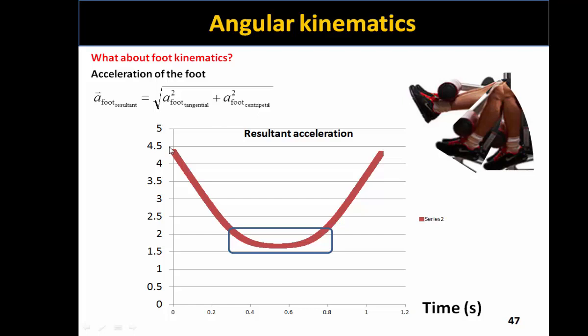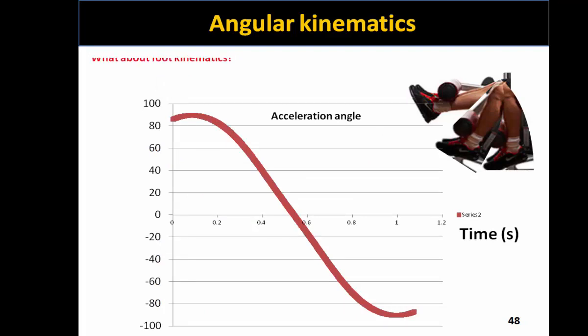We see that throughout the entire motion, the acceleration of the foot is positive, but is least in the mid-range of motion. And so the unique pattern that is generated here is that we have the lowest resultant acceleration value at the midpoint, and it's quite flattened out. It's not quite that sharper parabolic shape that we saw a little bit earlier.